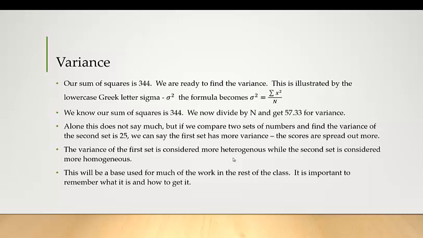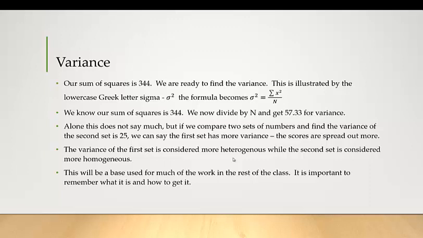Figuring the variance. So this term sum of squares will be the basis, a base that we use for the majority of the work in the rest of our class. So it is important to remember this idea of sum of squares and how we get it.